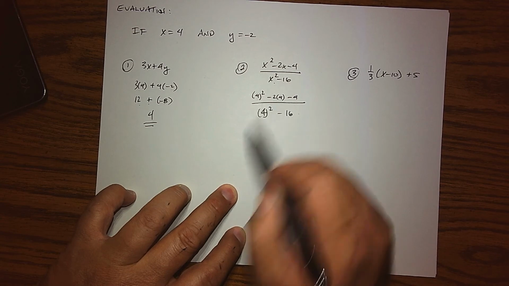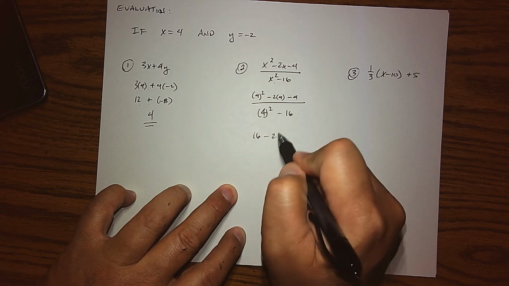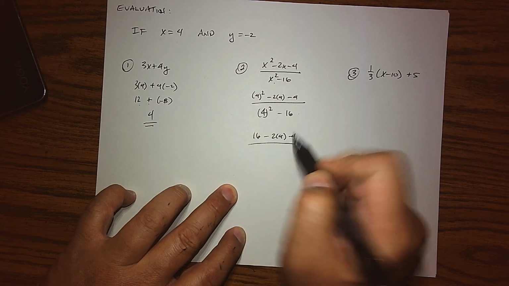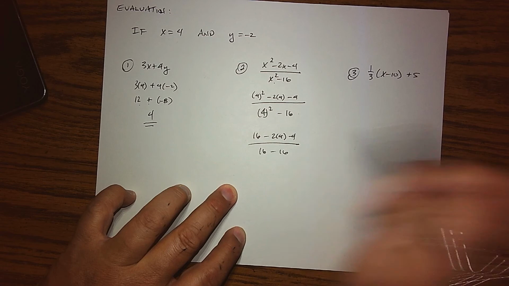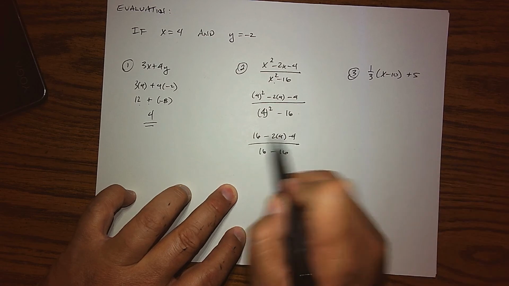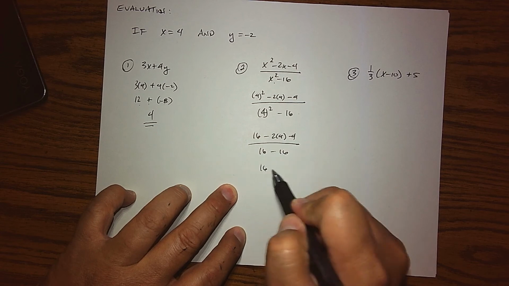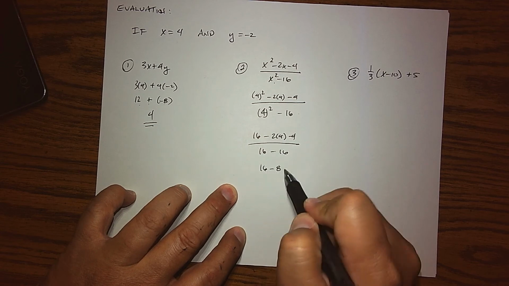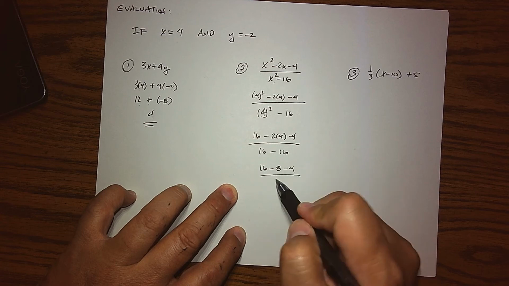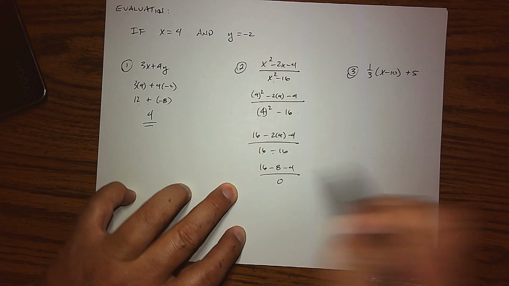We have exponents both top and bottom, so I'll handle those. 4 squared is 16. And I'll just rewrite everything out. Going through my order of operations upstairs, we've exhausted the exponents, but there is a multiplication. So we have 16, I think that's a -8, -4, and then 16 take away 16, that is 0.